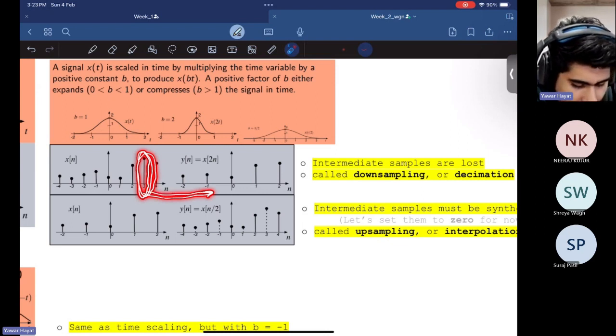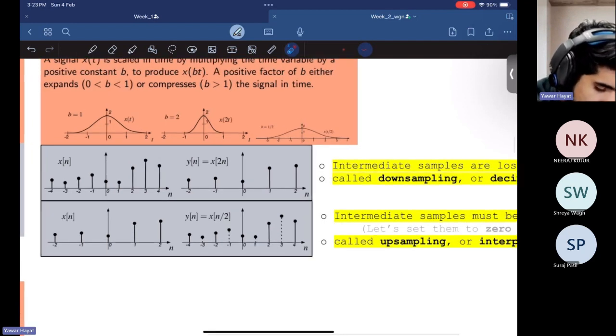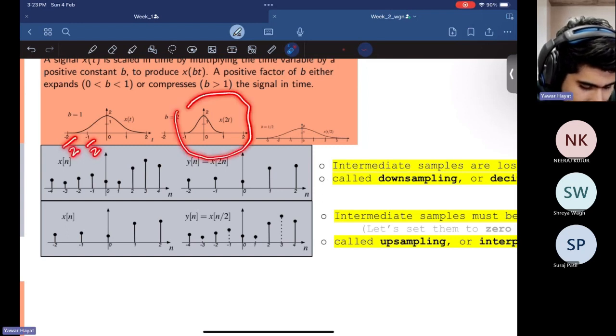I mean, this won't occur in the resulting signal. The reason being, for x of 2t, what we effectively did was just divide this by 2 throughout to obtain this, right?